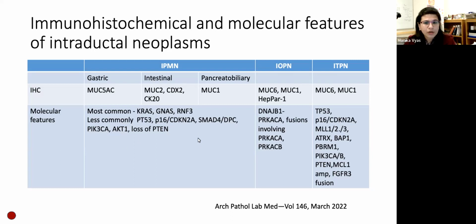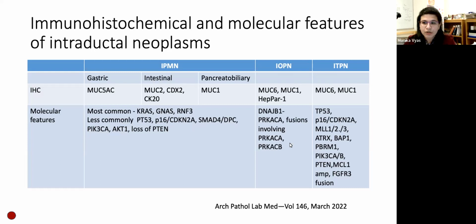So molecular features of IPMNs are usually overlapping. They typically show either KRAS or GNAS or RNF43 mutations. Less commonly, they can have TP53 mutations, P16, SMAD4, DPC4, PIK3CA, AKT1, or show loss of PTEN as well. And these are usually associated with the high grade features in IPMN.